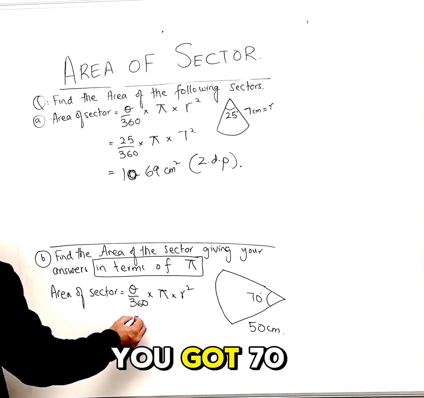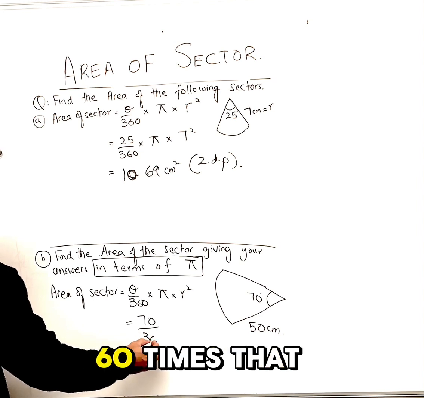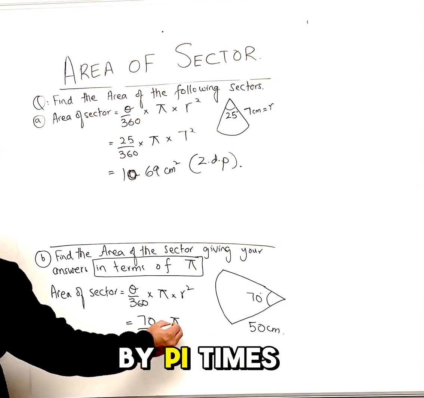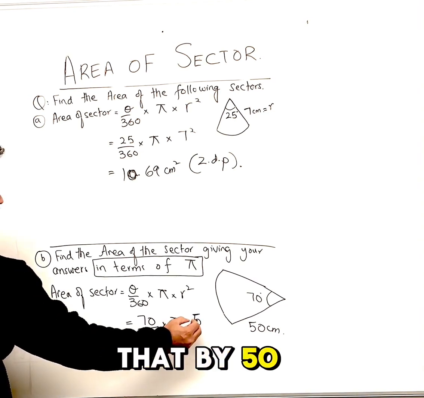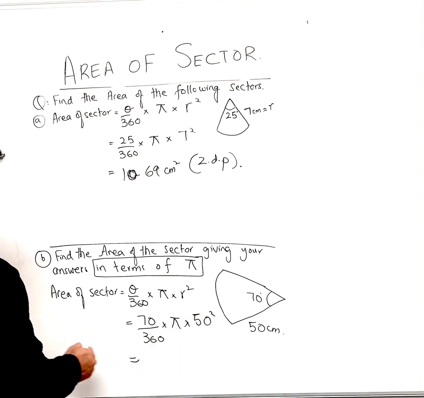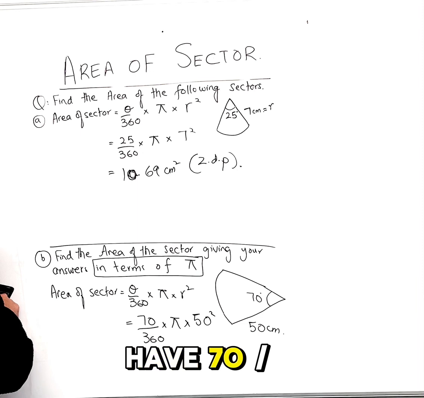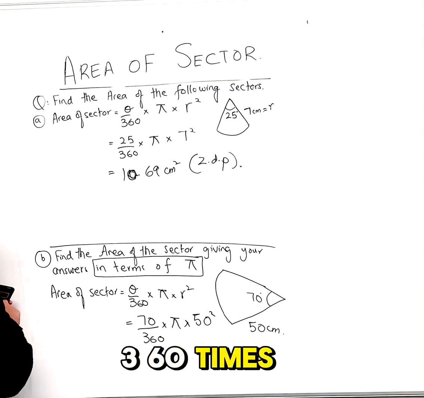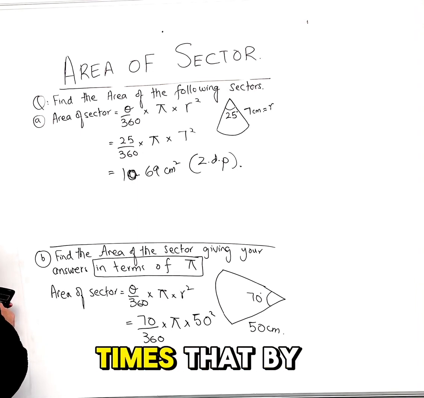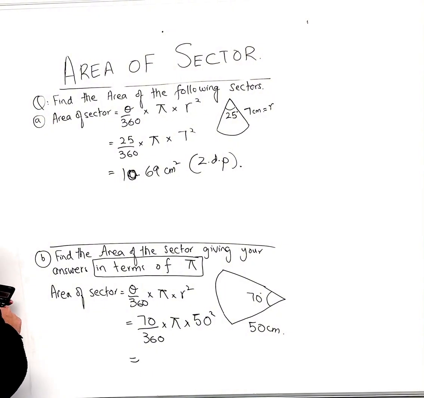So you've got 70 degrees over 360 times that by pi times that by 50 squared. If you substitute these values into the calculator, so you will have 70 divided by 360 times that by pi times that by 50 squared.